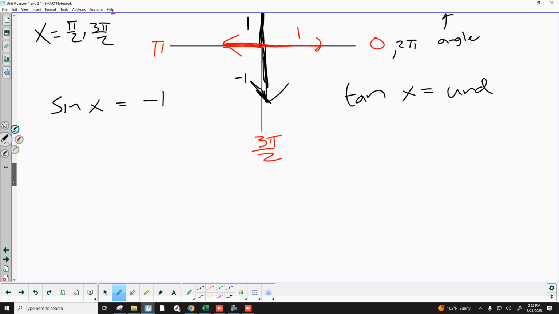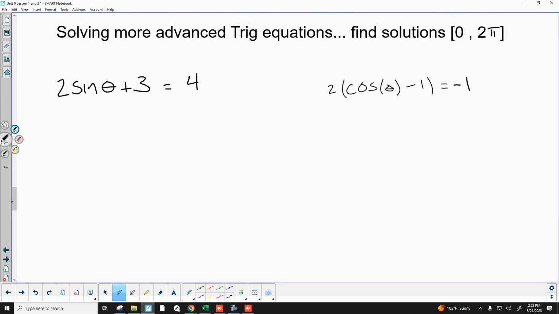Moving on. The next set, 4 questions. I don't need all 4. Really just one. They look crazy, looks intense, but guess what? If you just isolate the trig function, you win. Don't try to solve this.